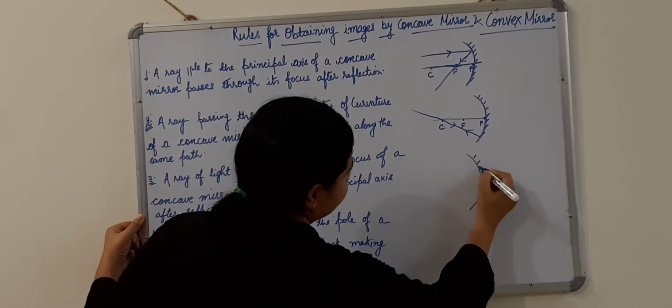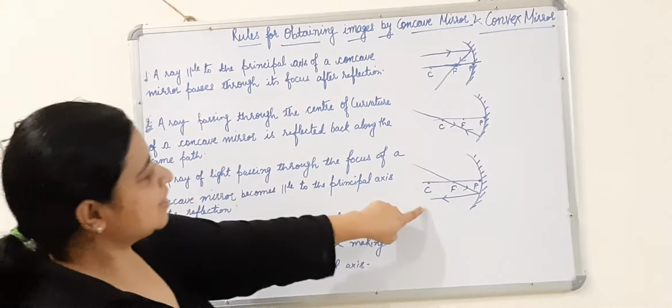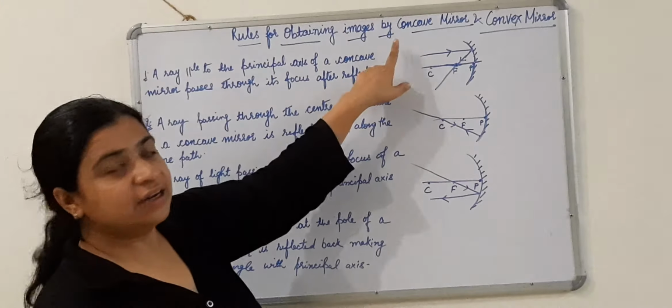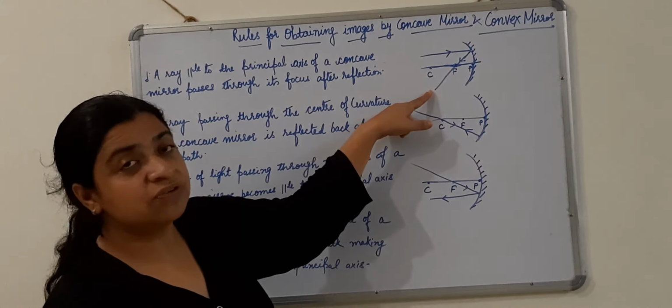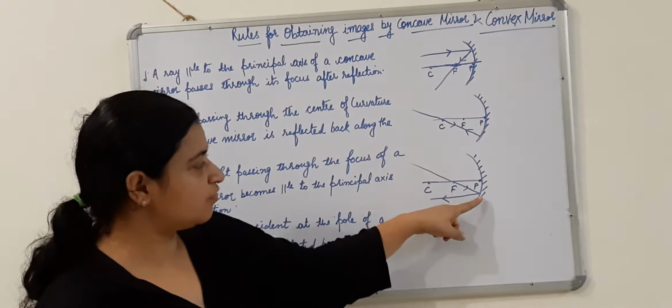Now any ray of light which is passing through the focus and hitting the mirror, after reflection from the mirror, it will be parallel to the principal axis. This is just opposite to this. Earlier the ray was coming parallel and after reflection it passed through the focus. Now the incident ray is passing through the focus and the reflected ray is parallel to the principal axis, just the opposite. This is our third rule.